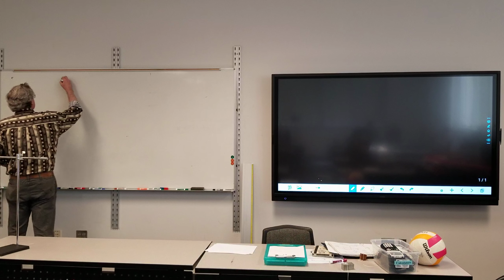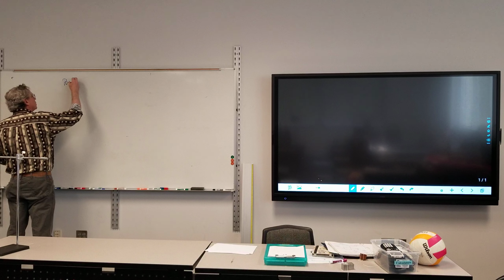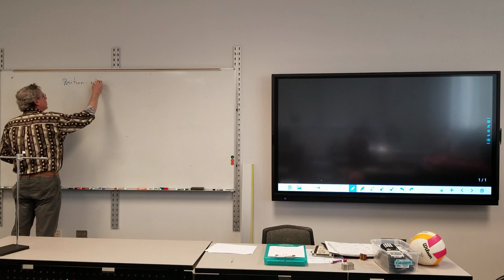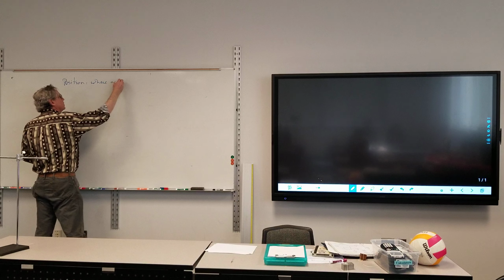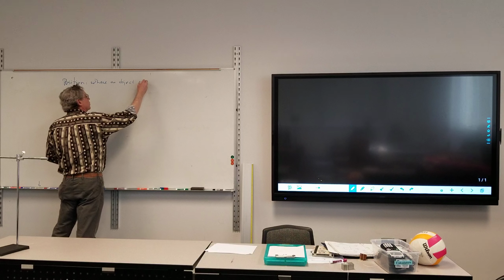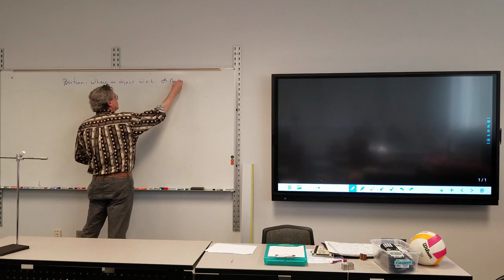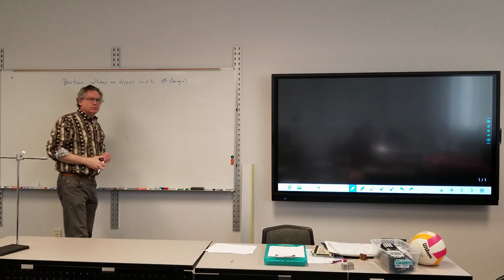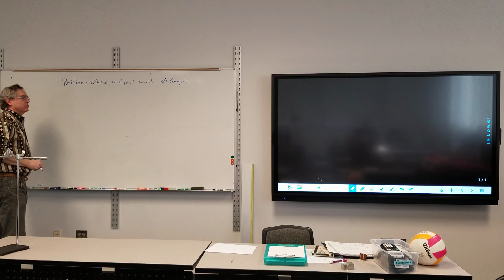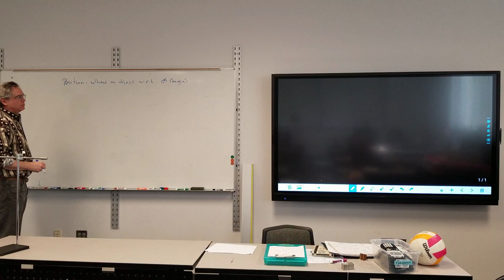We talked about position, where an object is with respect to 0, or the origin, or something that you're considering to be the middle.